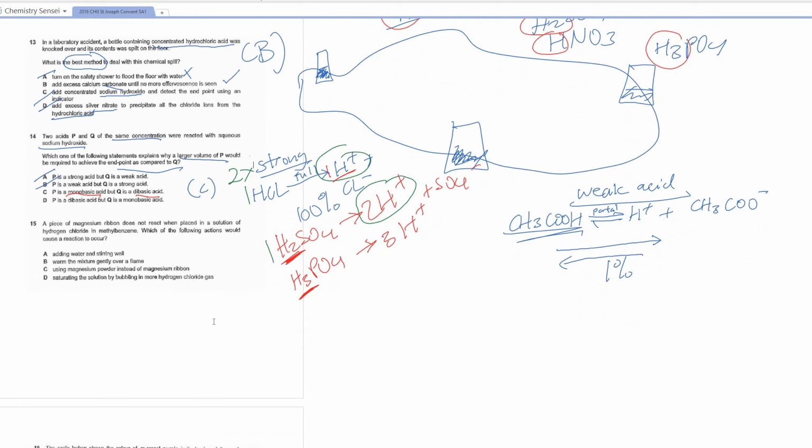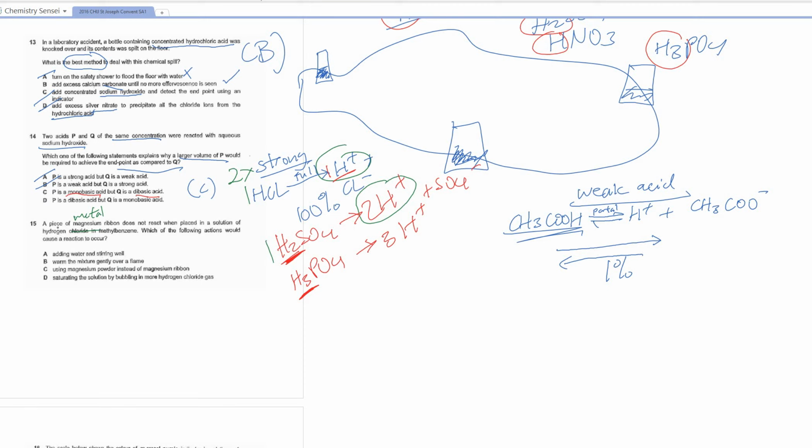Next, question 15. A piece of magnesium ribbon does not react when placed in a solution of hydrogen chloride in methylbenzene. Which of the following actions would cause a reaction to occur? So this is a metal acid reaction.